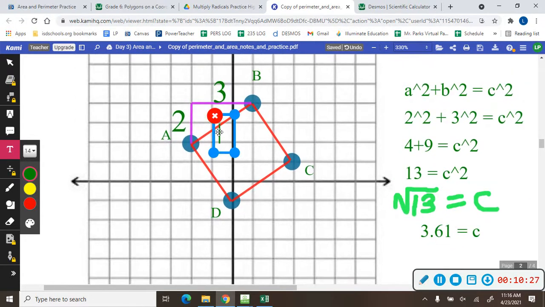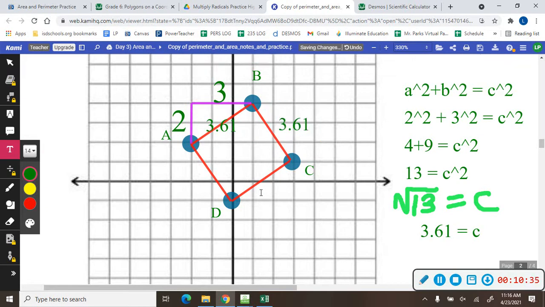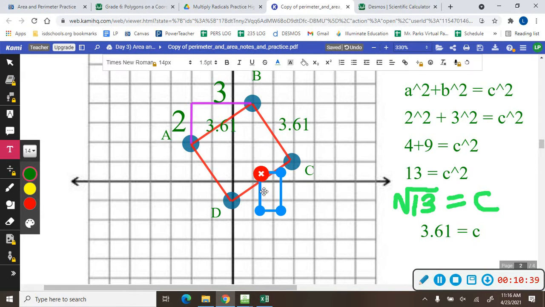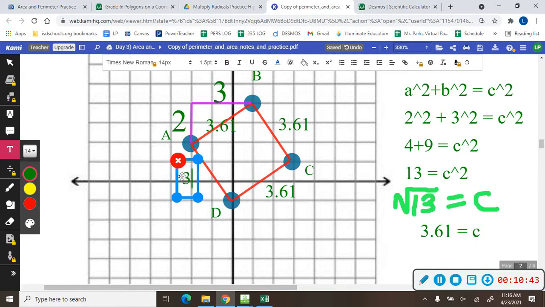We know that this is 3.61, which means this is 3.61, which means this is 3.61, which means this is 3.61, because it's a square.